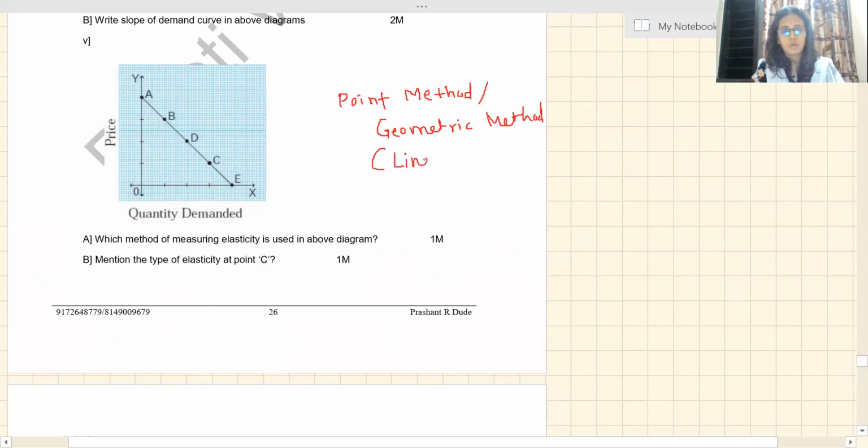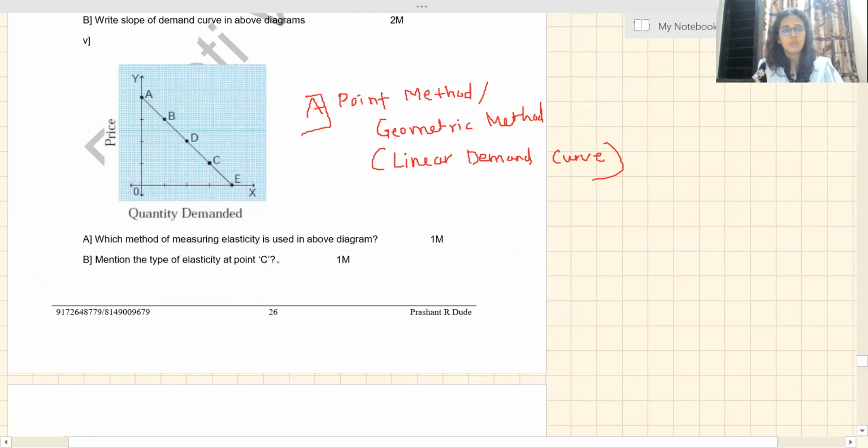We use point method, linear demand. We have linear and non-linear demand curves, but this is the case of a linear demand curve. So my answer to my first question is, the method is known as point method or geometric method. In brackets, write down this is linear demand curve.